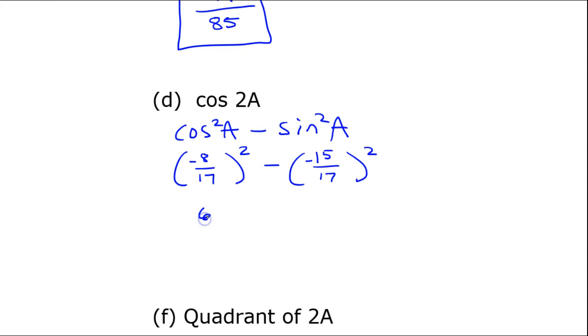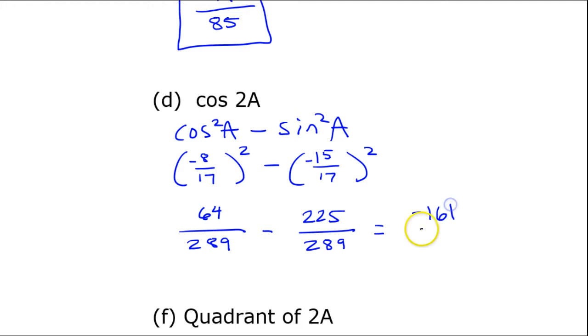So this will be 64 over 289. And this will be 225 over 289. So it's just a matter of 64 minus 225. Okay, so this is the final answer for D.